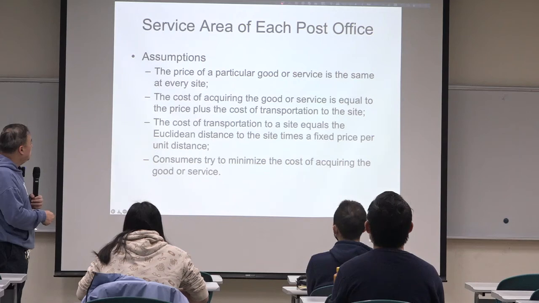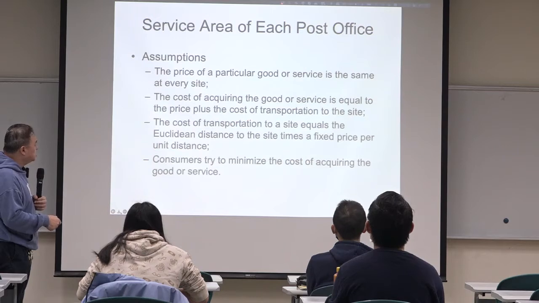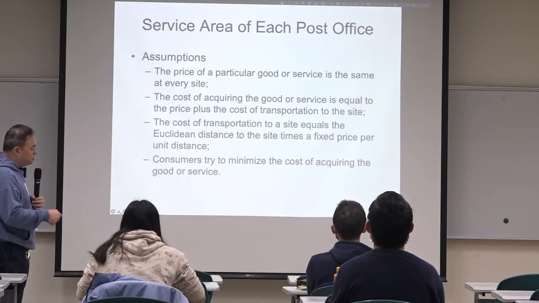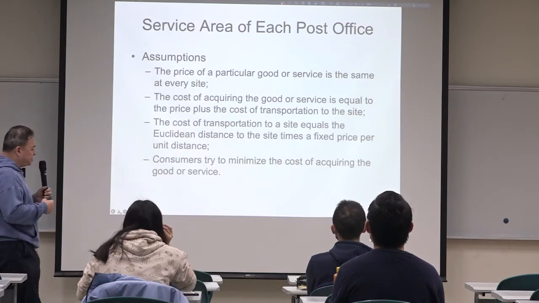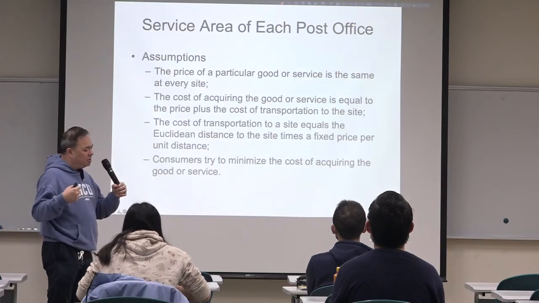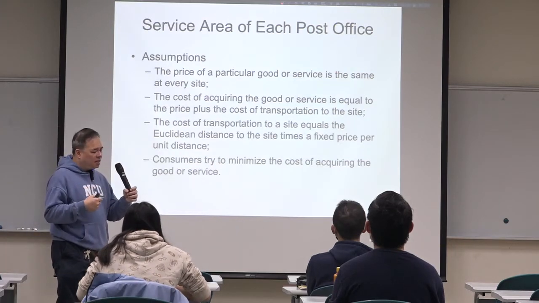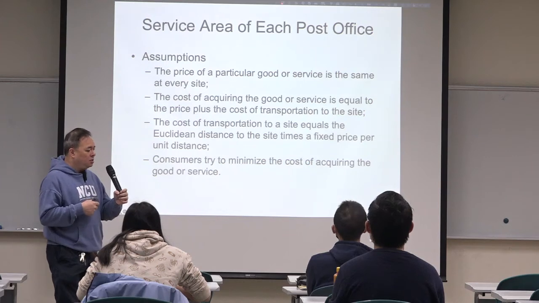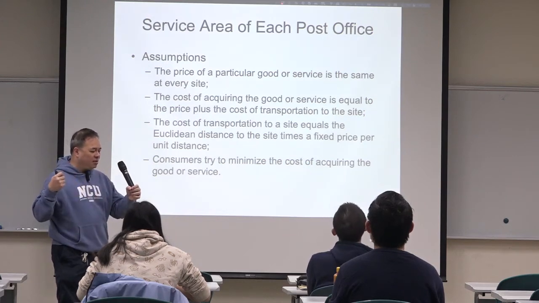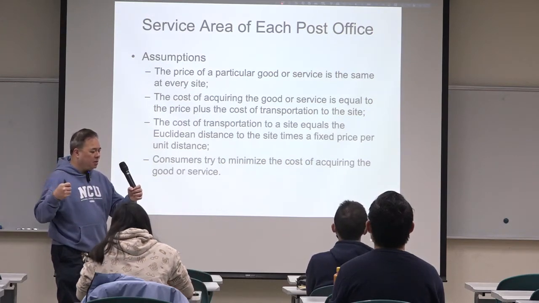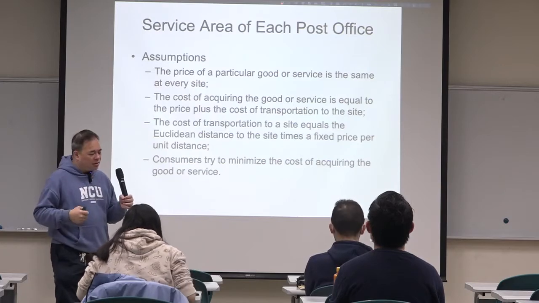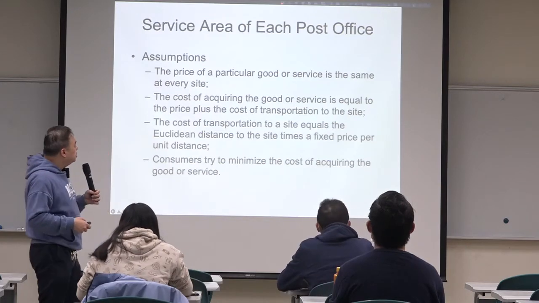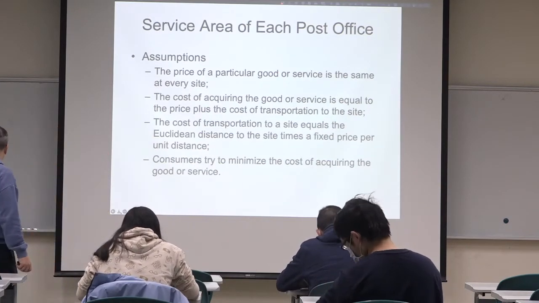The cost of acquiring the good or service is equal to the price plus the cost of transportation to a site. So basically the cost depends on how far the distance is that you have to travel to acquire the service.